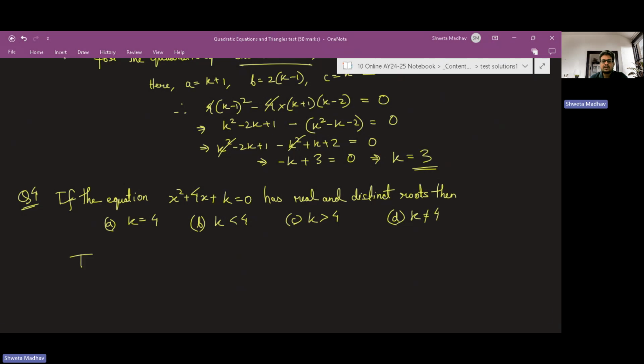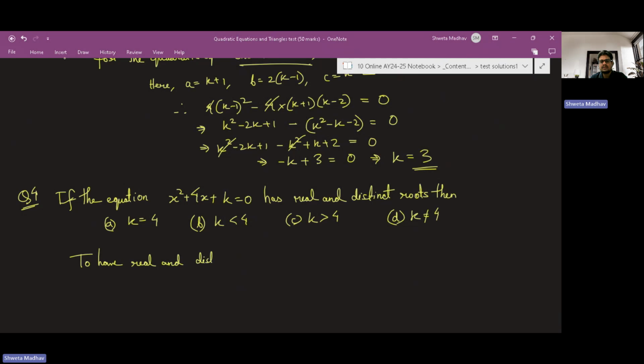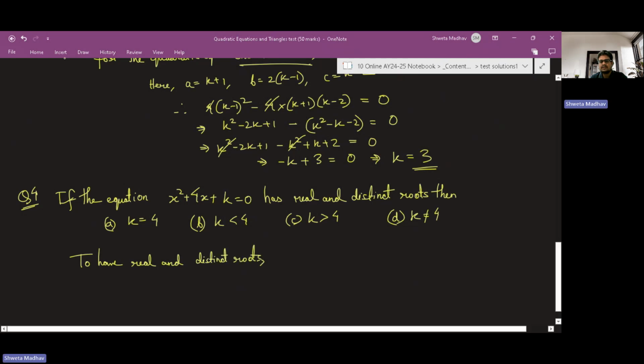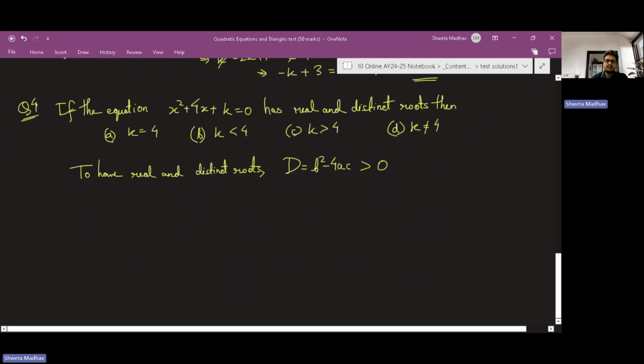So we know that to have real and distinct roots, the value of the discriminant, which is b square minus 4ac, should be greater than 0.